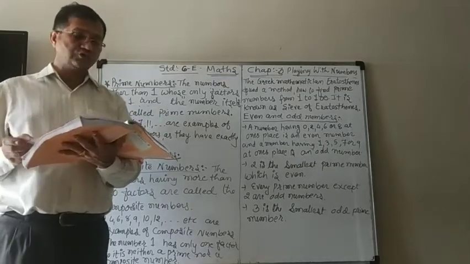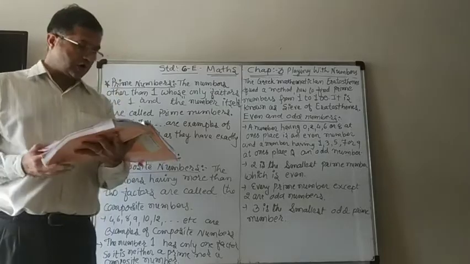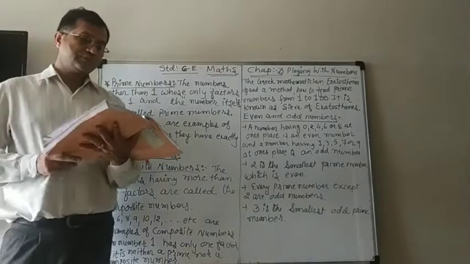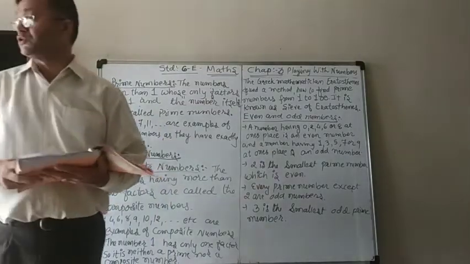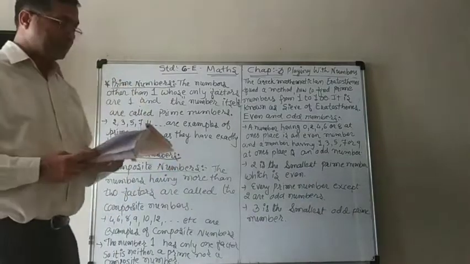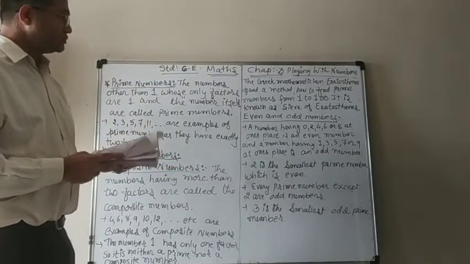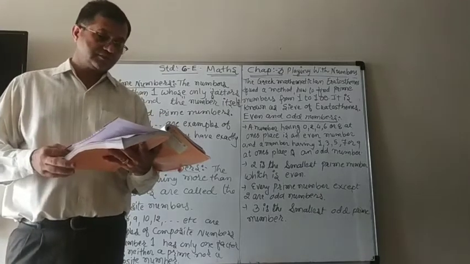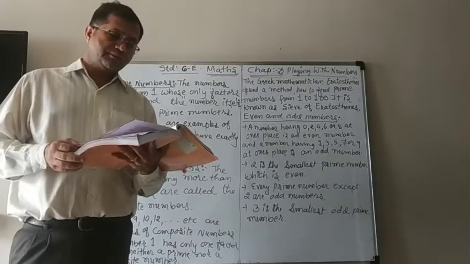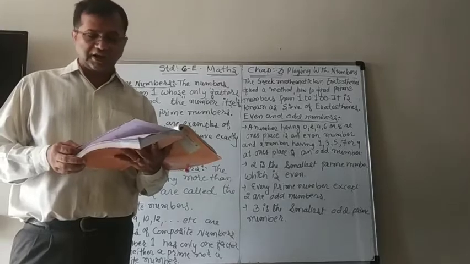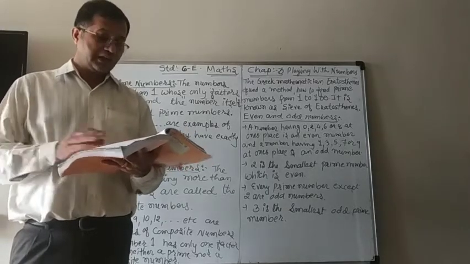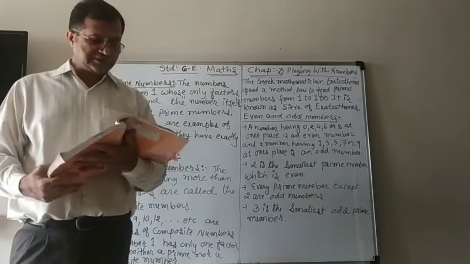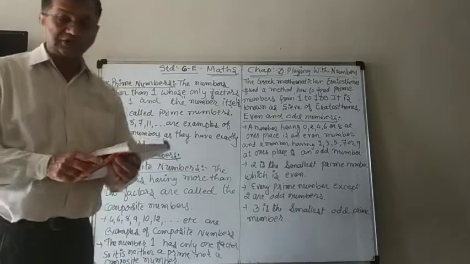Also, we learn how to write down all the factors of a number, how to write down the first few multiples of a number, and some important facts about factors and multiples. And we finish exercise 3.1 also after that.